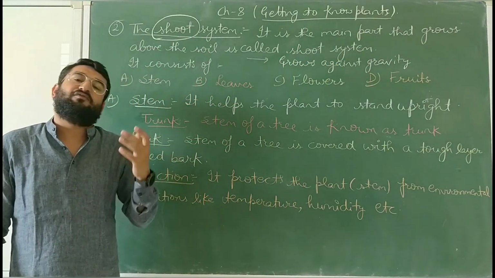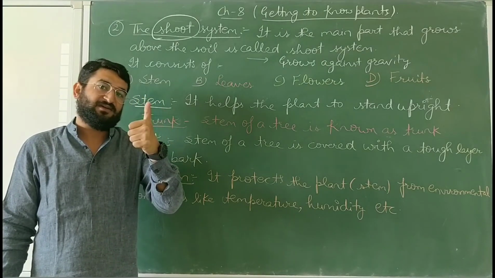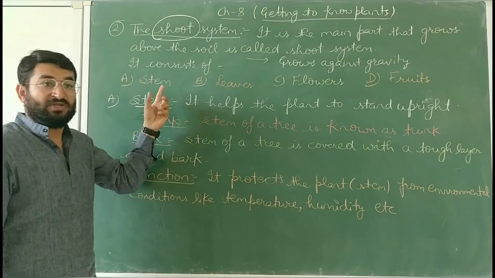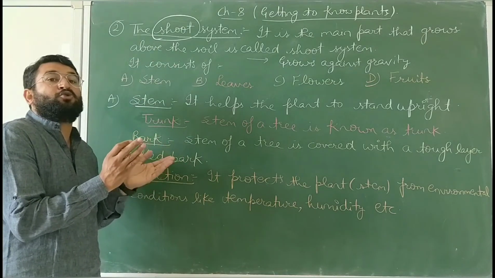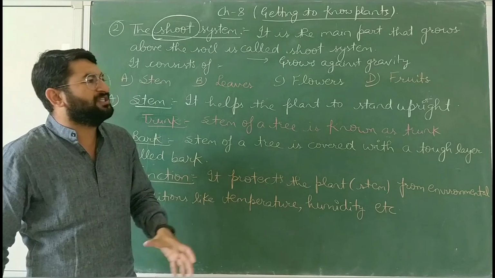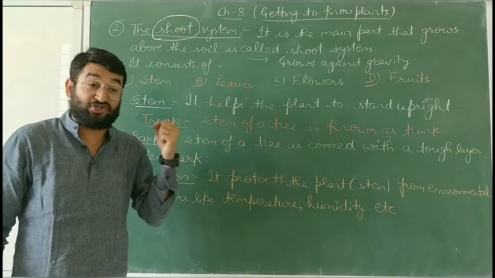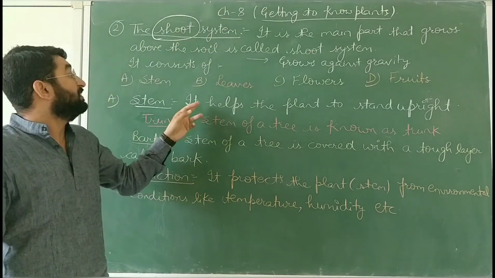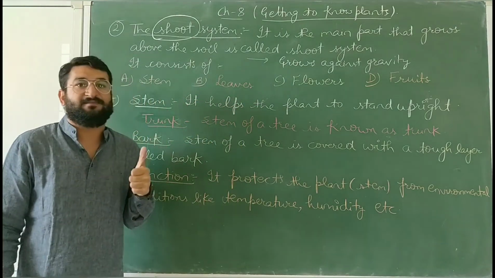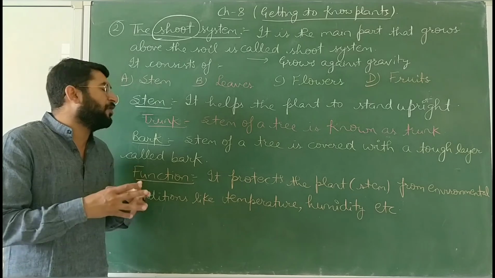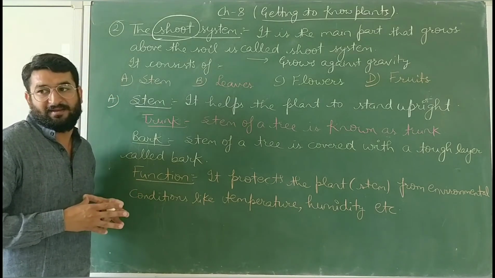Shoot system has 4 parts. First, stems, the major strong part which helps the plant to stand upright. जो plant को सीधा खड़ा रहने में help करता है. The next one is leaves, which help the plant in photosynthesis. जो plants को food form करने में help करते हैं.